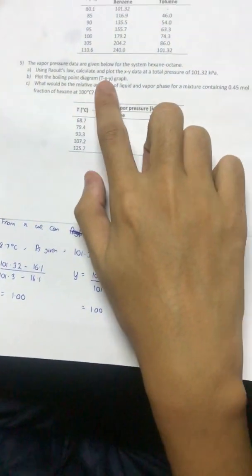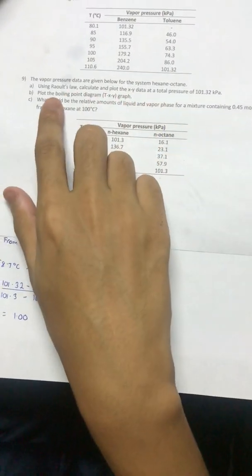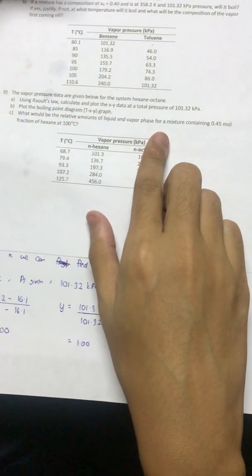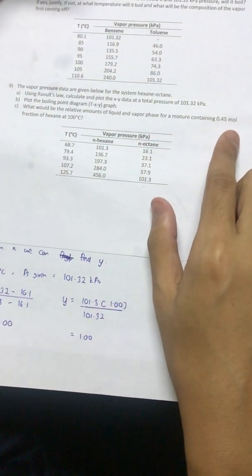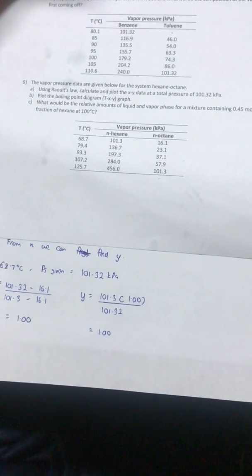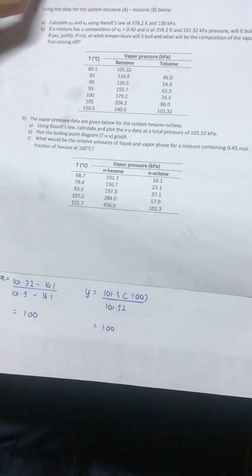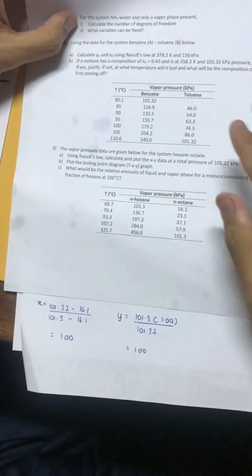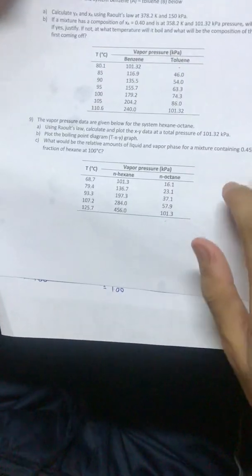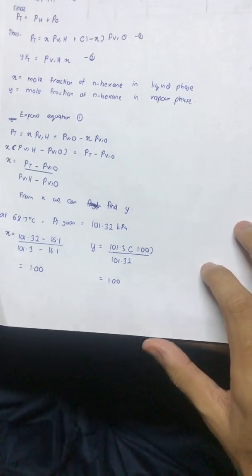So the question asks us to plot XY data, plot the boiling point diagram, and find the relative amounts of liquid and vapor phase for a mixture containing 0.545 mole fraction of hexane at 100 degrees Celsius. Firstly, we have to update this table by implementing Raoult's Law.